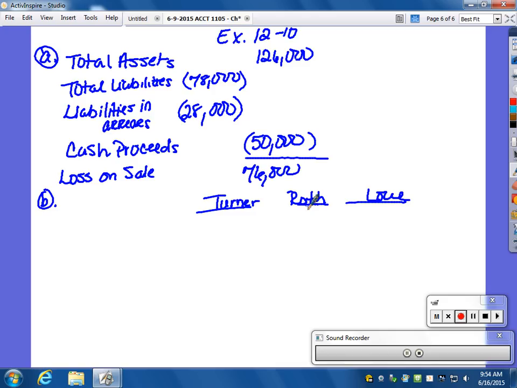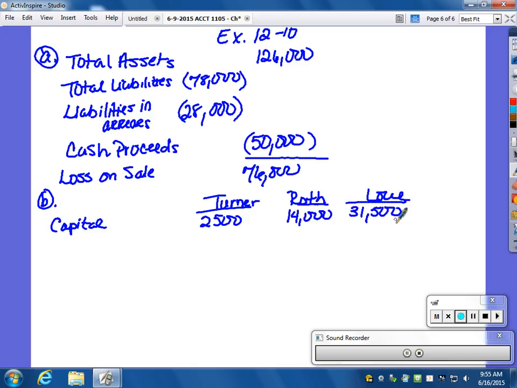Turner, Roth, and Lowe. What were their capital balances prior to the liquidation? Turner's capital was 2,500. Roth's capital was 14,000. Lowe's capital was 31,500.